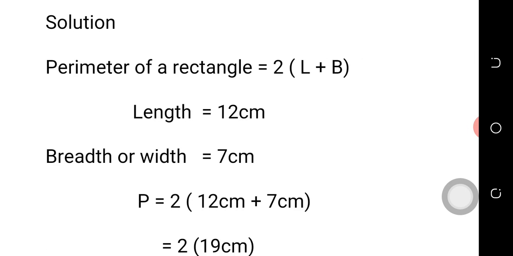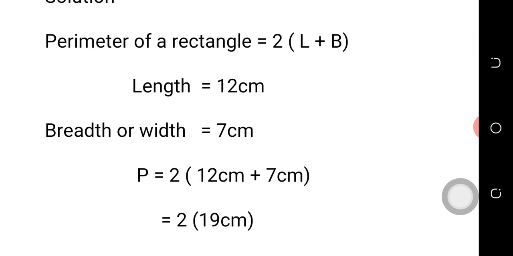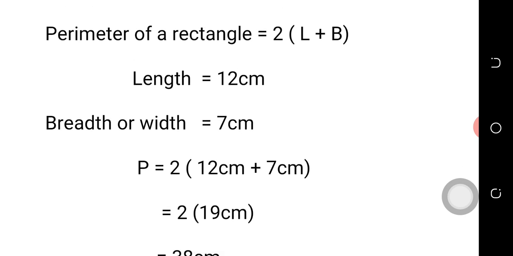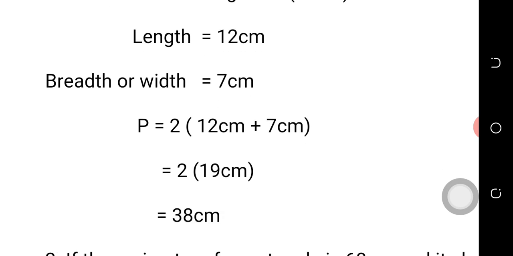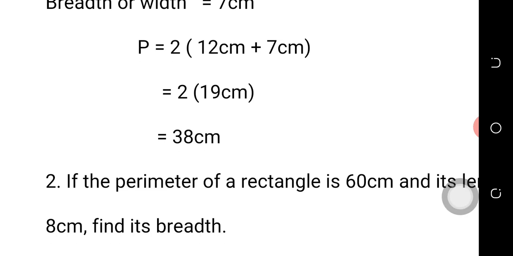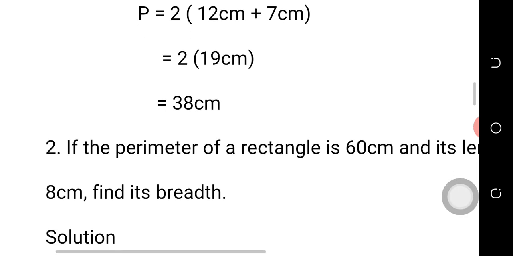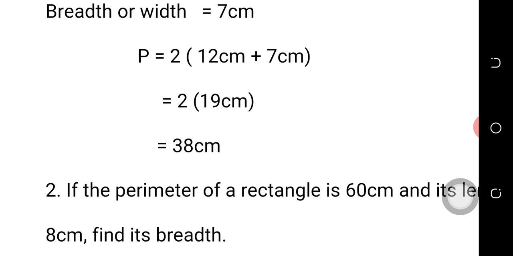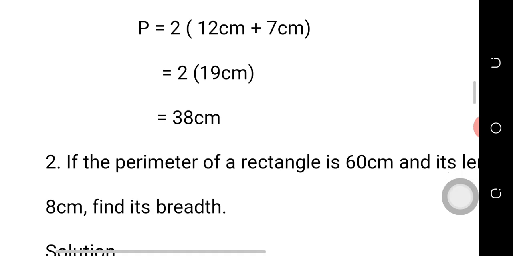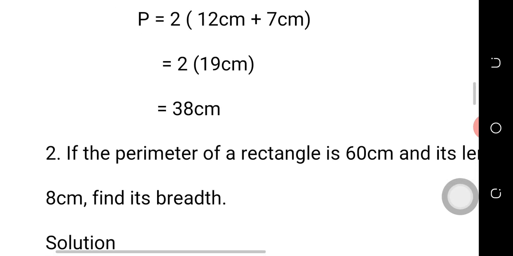As usual, length here is 12 centimeters while breadth or width is 7 centimeters. Substitute 12 centimeters and 7 centimeters inside that bracket. By addition, 12 centimeters plus 7 centimeters gives us 19 centimeters. We now multiply 19 centimeters by 2 outside, which gives us 38 centimeters as the perimeter.